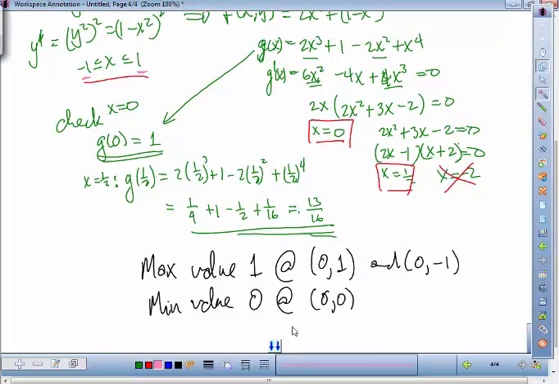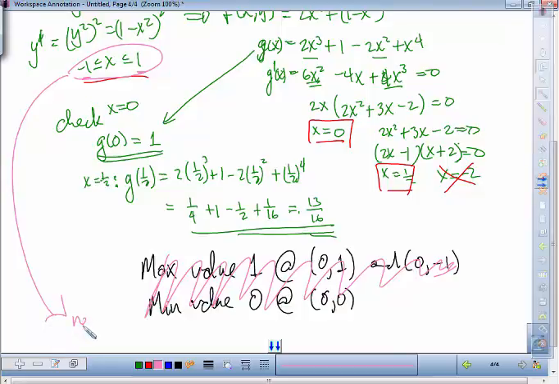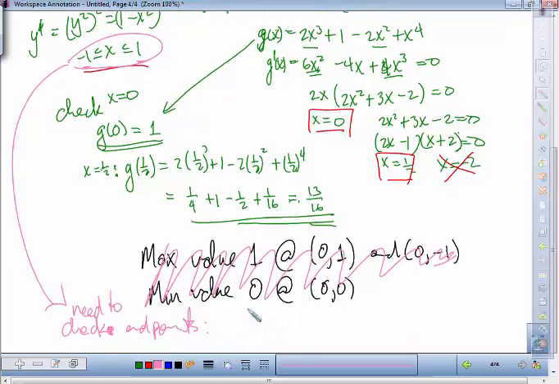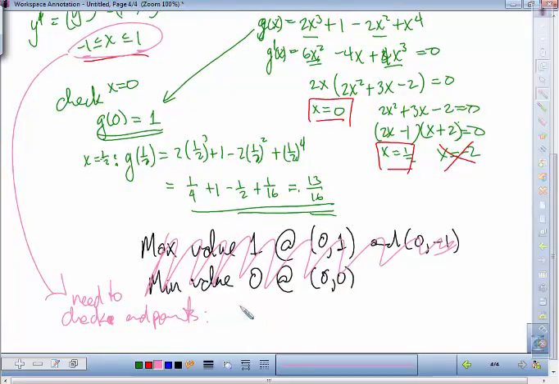So let's backtrack here. So we need to check endpoints. So the endpoints are x is equal to -1 and +1.